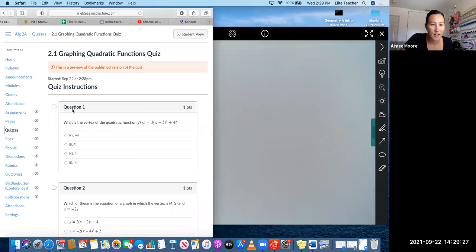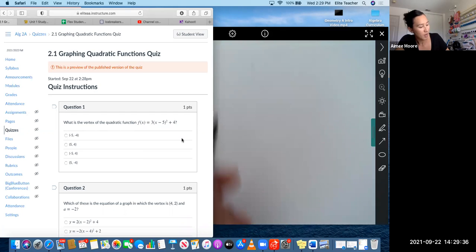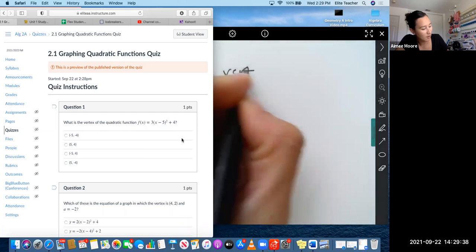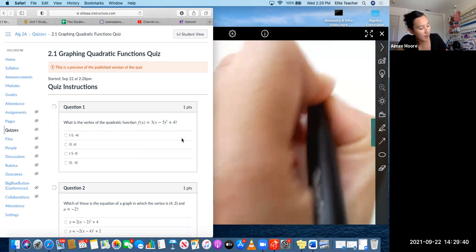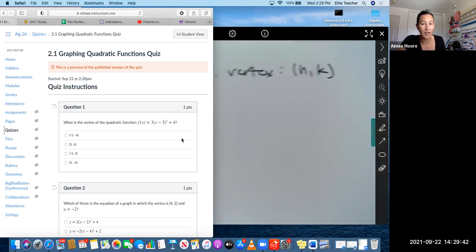All right. So what is the vertex of the quadratic function f of x equals 3 times x minus 5 squared plus 4? So remember the vertex we find using h and k. So what is h in number 1 and what is k? You can send it to me in the chat.